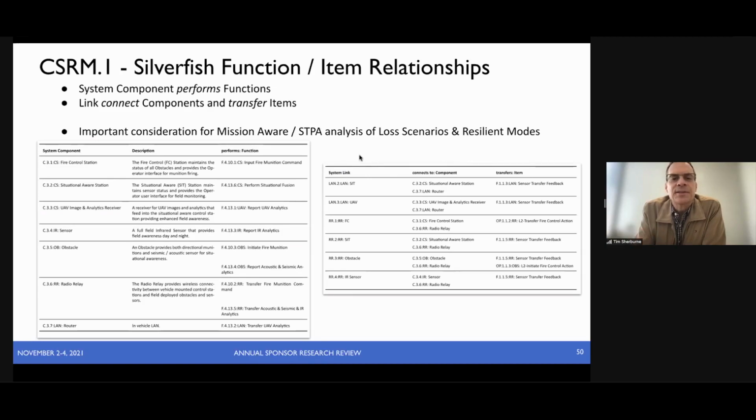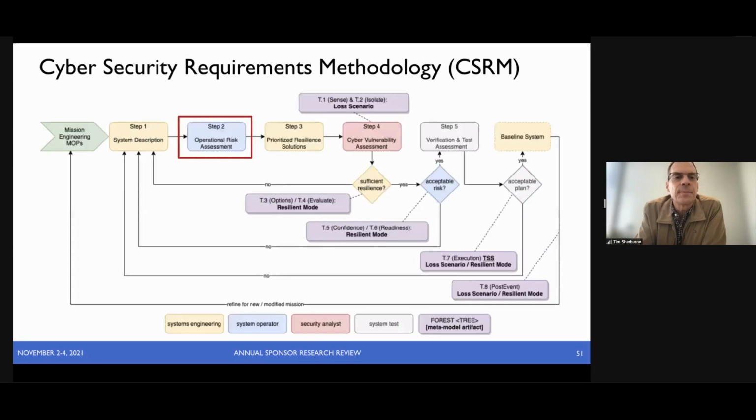Having this knowledge represented in the model becomes very useful when we get to the hazard analysis and the loss scenarios, since we know all the functions, which component performs them, the physical links, and what type of information flows over those links. So that was our initial system description.